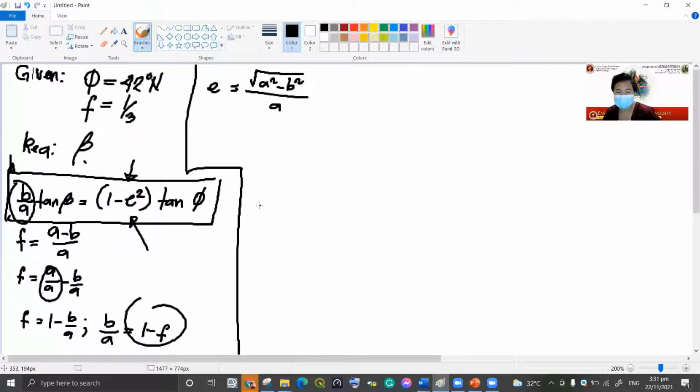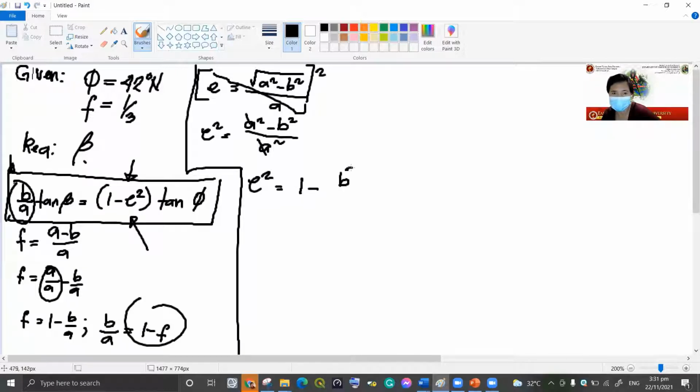If we square both sides to make it e squared, the square root is removed. So e squared is equal to a squared minus b squared all over a squared. We simplify this, cancel out a, and e squared is equal to 1 minus b squared all over a squared.